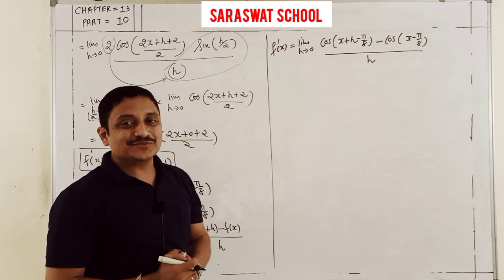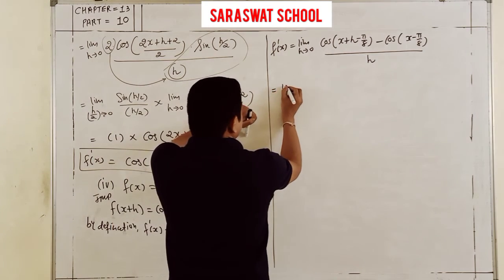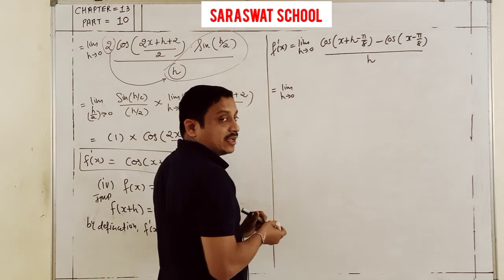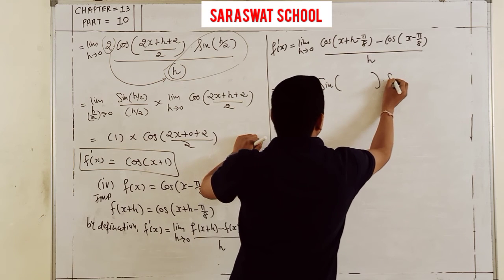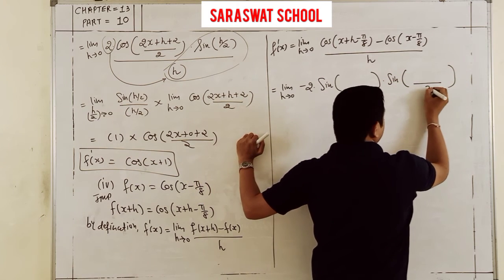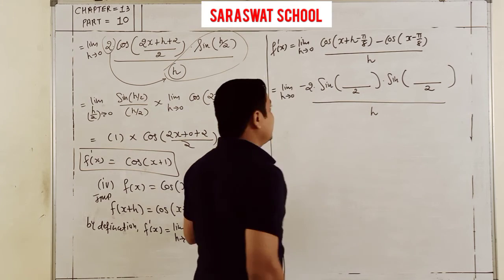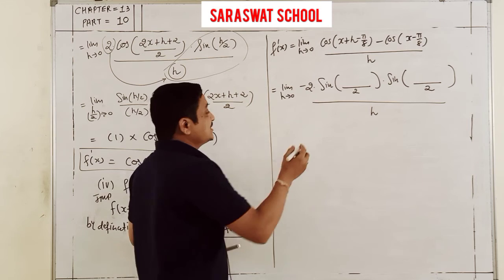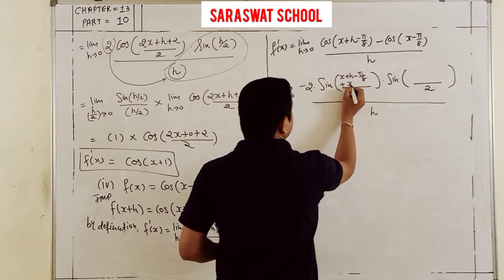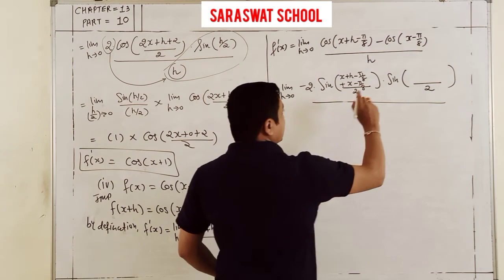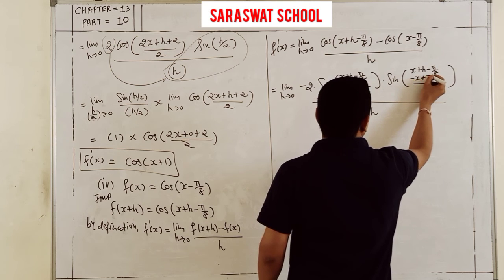Students, here reading successfully, cos minus cos is minus 2 sin. So limit h tends to 0, and the value is minus 2 sine, both angles divided by 2, and upon h as it is. Just take both additions, x plus h minus pi by 8 plus x minus pi by 8, and both subtraction, x plus h minus pi by 8 minus x plus pi by 8.